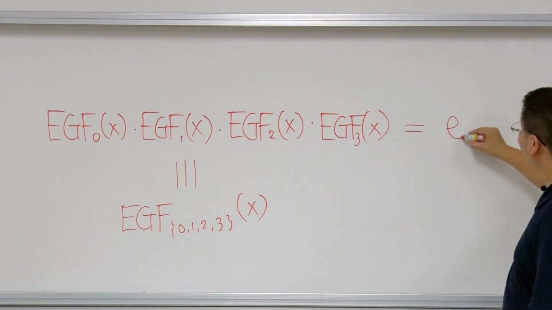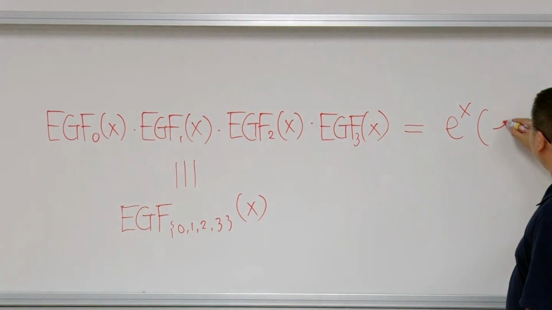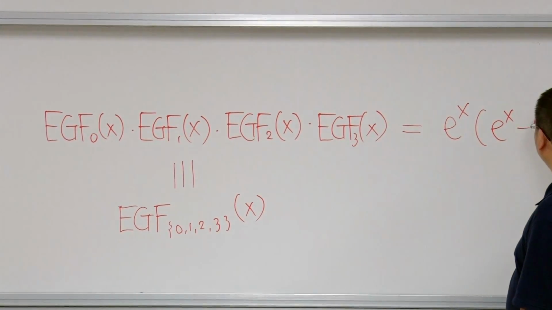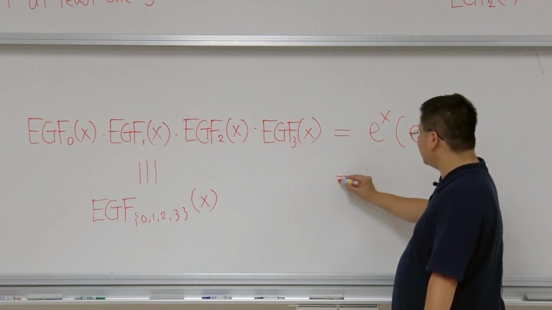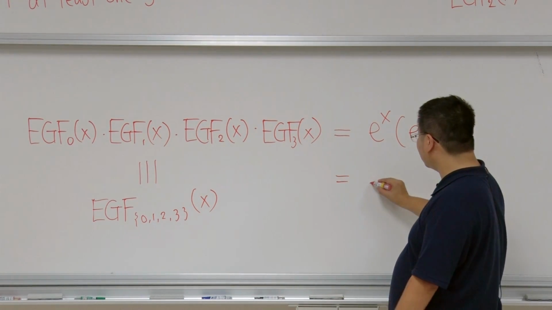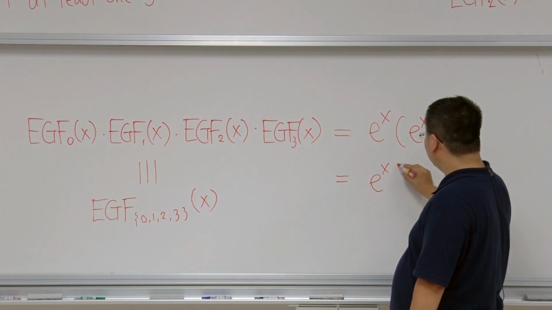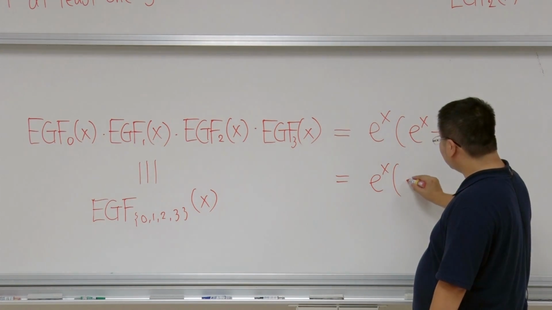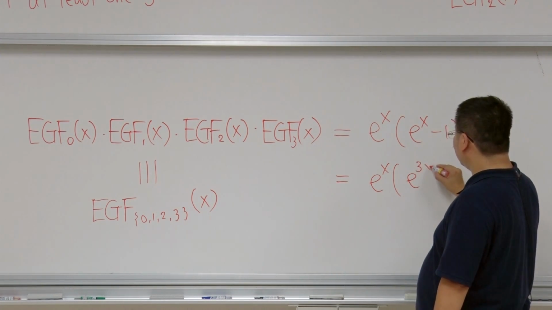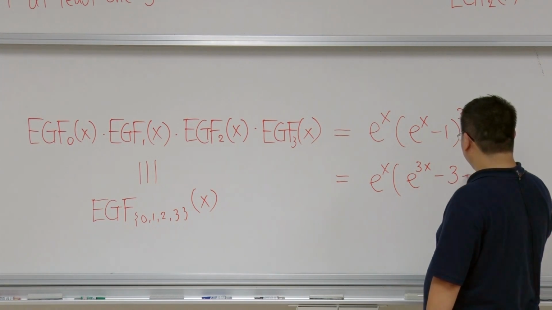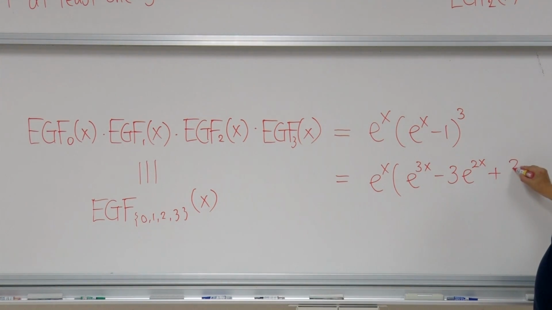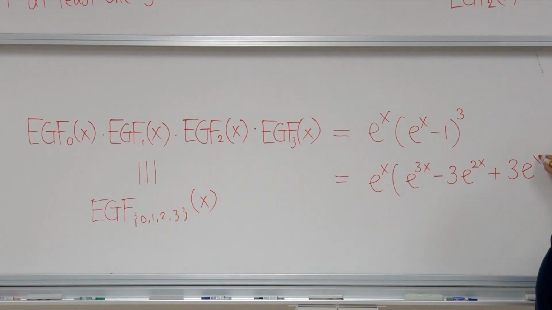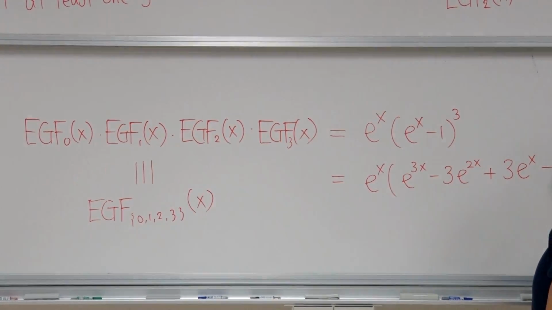So we have this one. This is going to be e to the power x times (e to the power x minus 1) to the power 3. Is that okay? Okay, so let's expand this. This is going to be e to the power x times this one to the power 3. So this is going to be e to the power 3x minus 3e to the power 2x plus 3 times e to the power x minus 1.